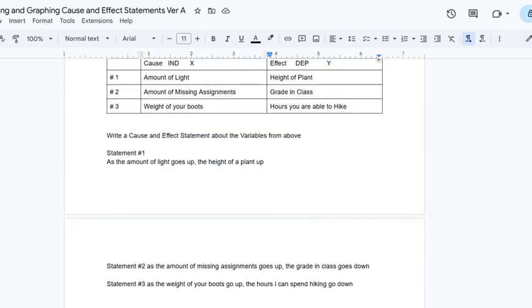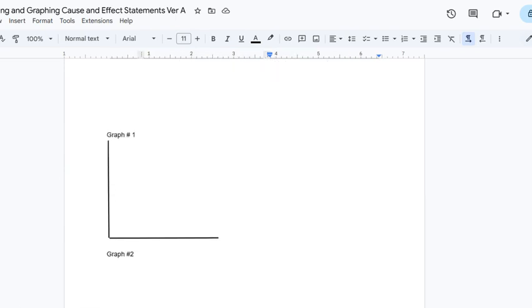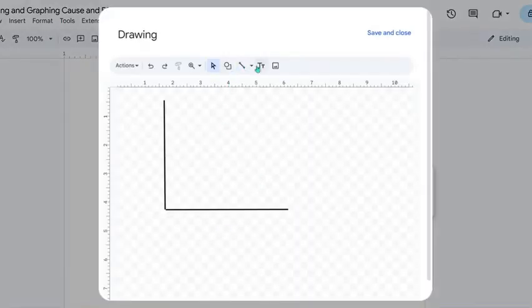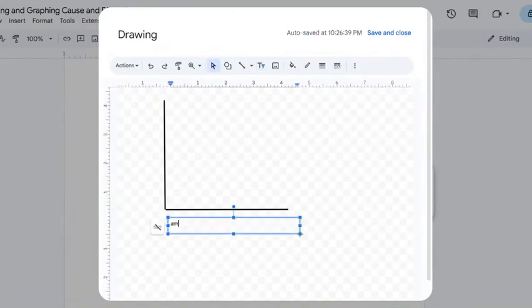The first one, as the amount of light goes up, the plant height goes up. It's important that you click right here where it says edit. So I'm just going to go through and click the T box. I'm going to say amount of sunlight, because that's my independent. That's what I have control over. This is going to be my plant height.